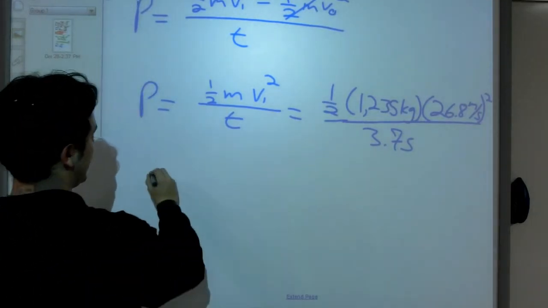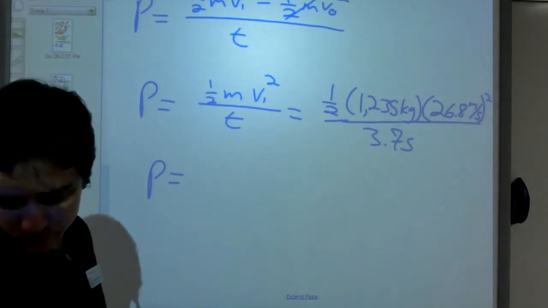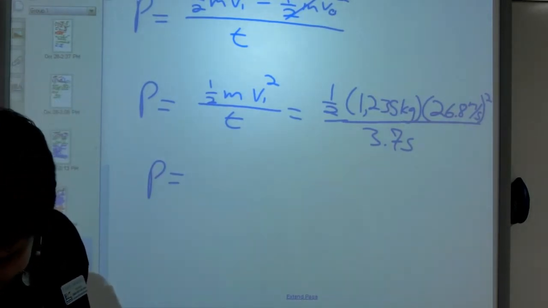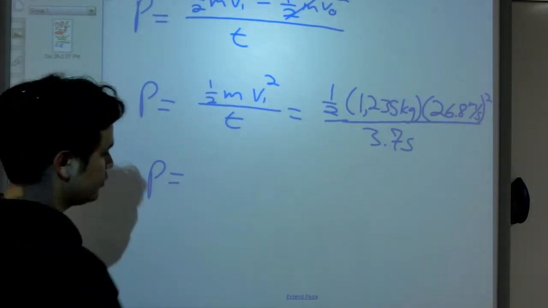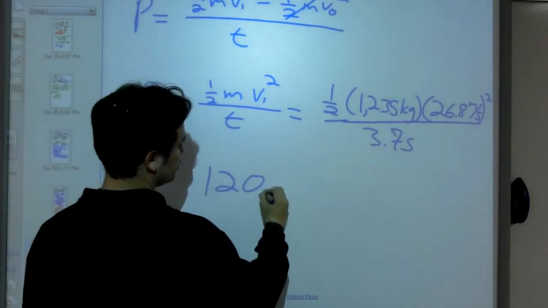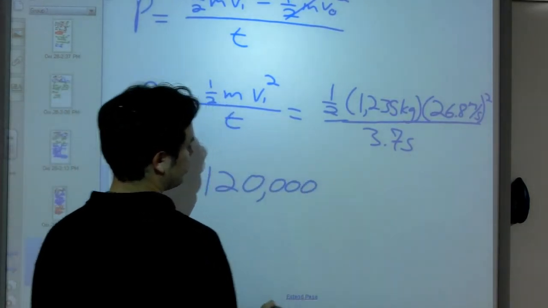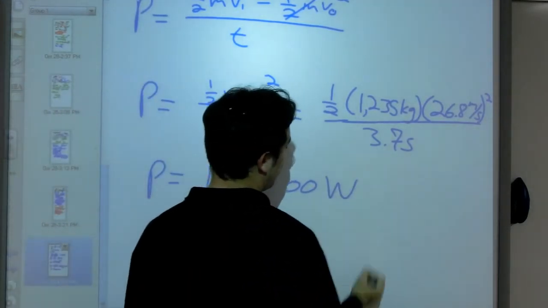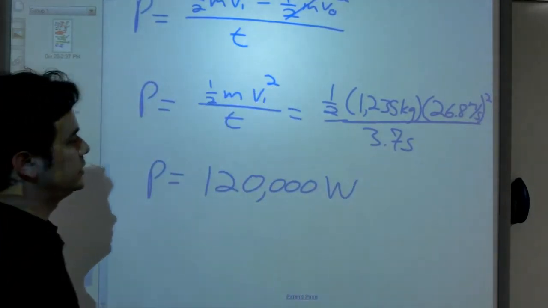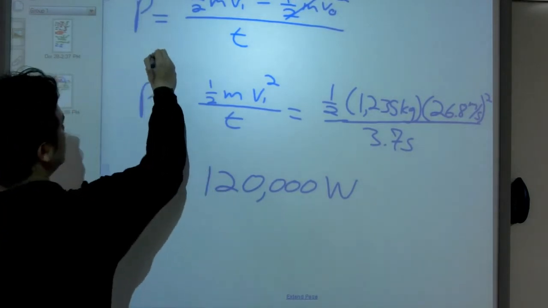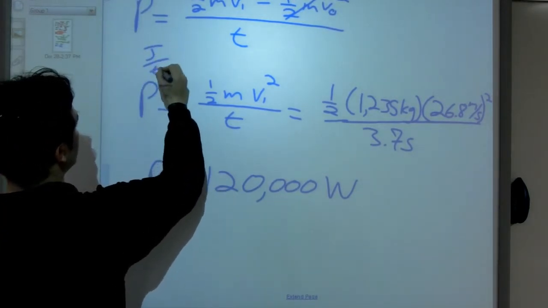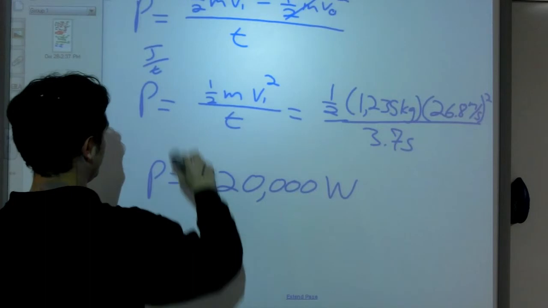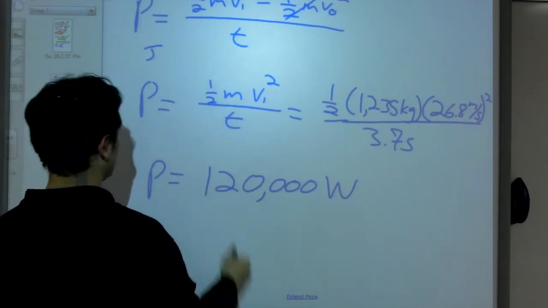If I evaluate that, I find that my power comes up to right at about 120,123. So 120,000 watts. A watt is a joule per second.